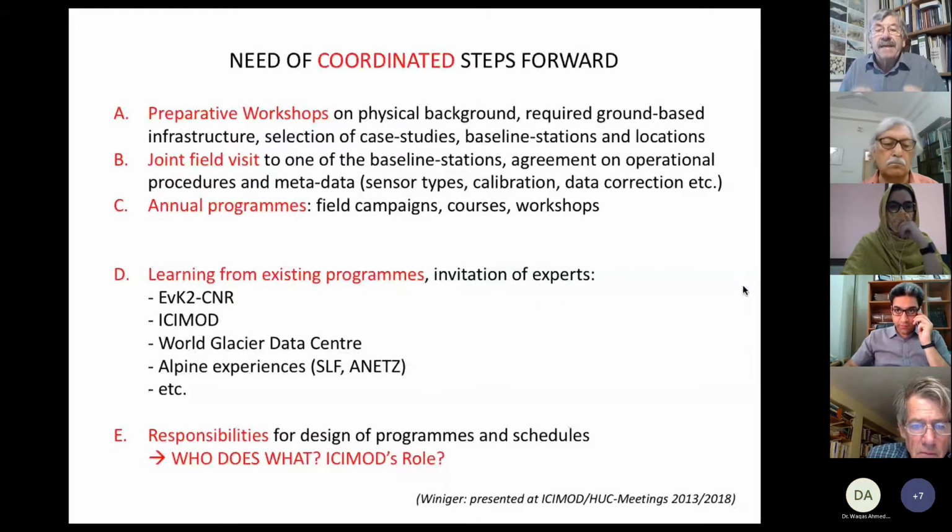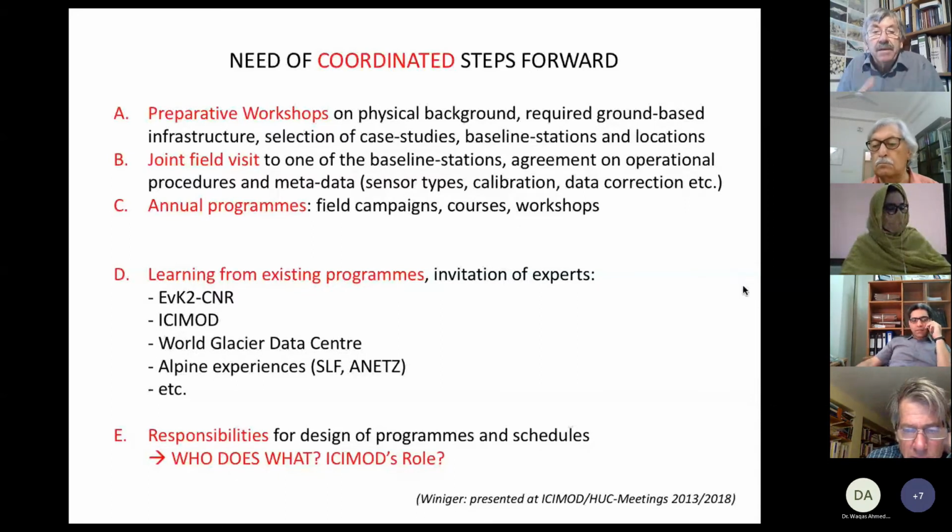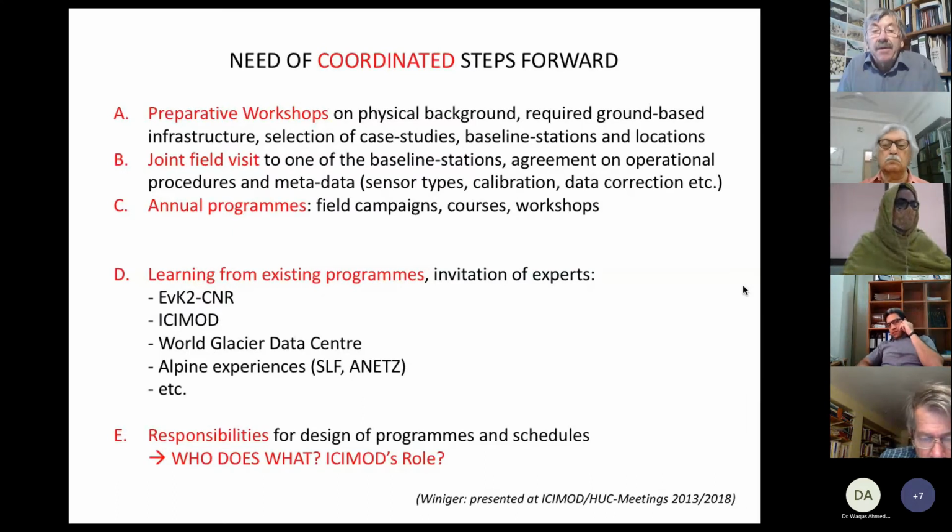We have to make coordinated steps forward. We have to make preparative workshops on different issues together, joint field visits so that we learn from each other. We have to install these baseline stations. We have to create annual programs with field campaigns together, courses, workshops, and so on.